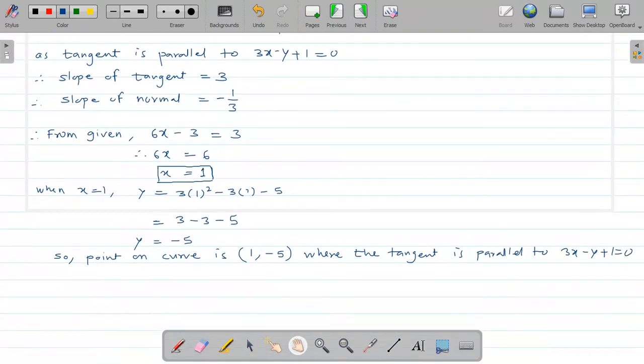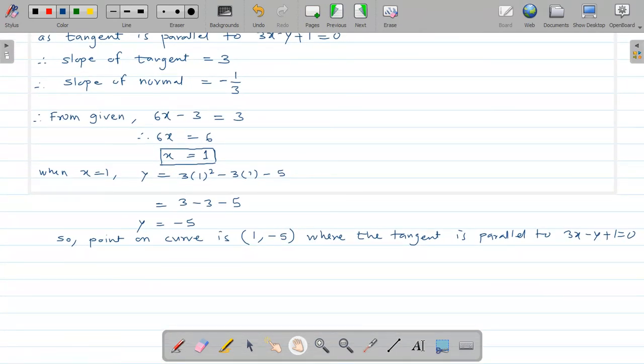That means we have to find out the equation of tangent at this point 1 comma minus 5. So now again by slope point form we will write the equation of tangent. So equation of tangent will be, see, y minus y1, so y plus 5 is equal to m. M means slope of the tangent. Now this is the slope of the tangent. Slope of the tangent is 3.